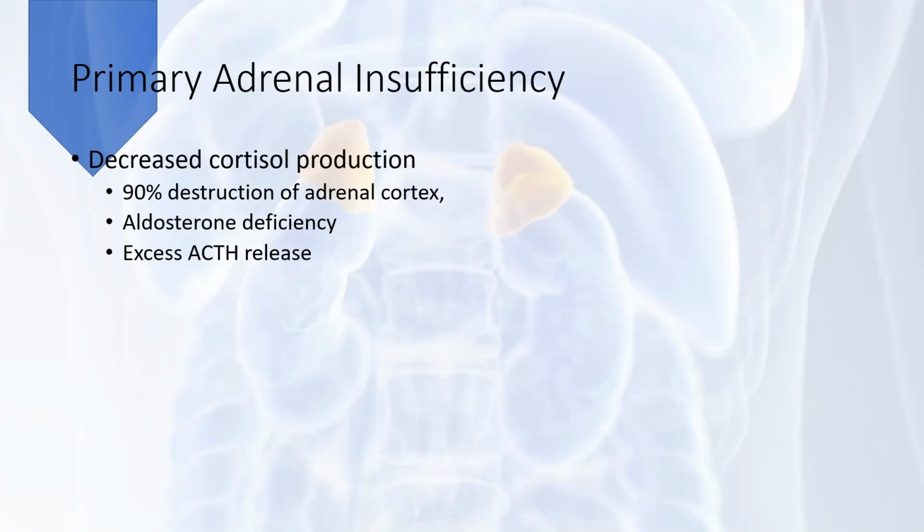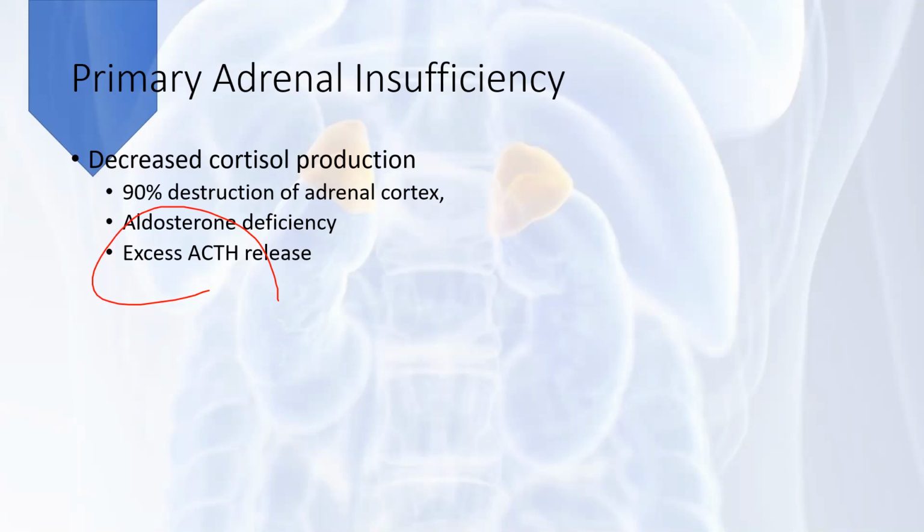Merong damage since that is the outer layer of the adrenal cortex. Now, ACTH is excessive. Bakit excessive yung ACTH natin? Kasi hindi naman nagre-react ang ating ACTH sa ating adrenal gland.